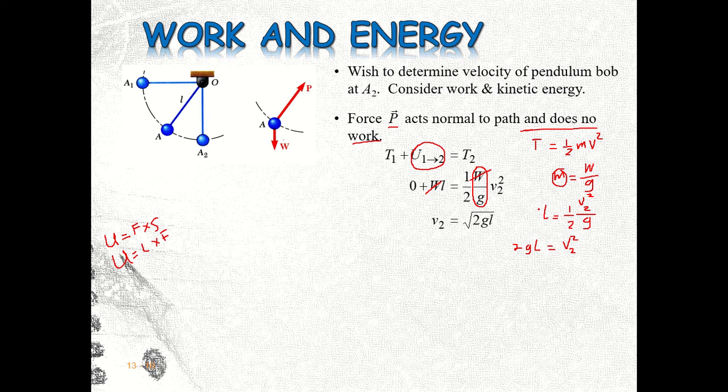The 2 here is a subscript because it refers to position 2. To solve for V sub 2, you take the square root on both sides, so V2 is equal to the square root of 2gL.